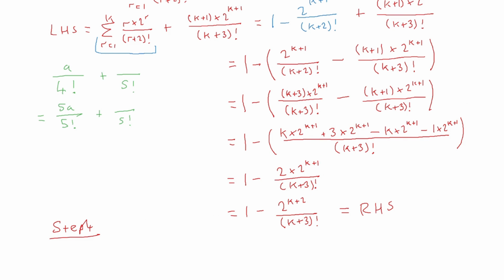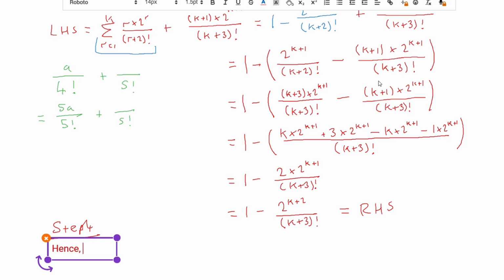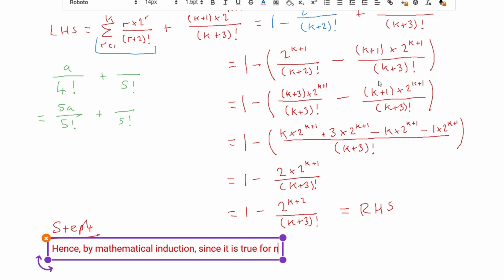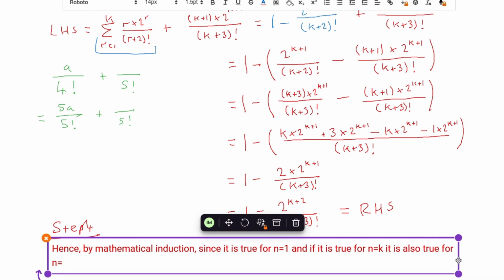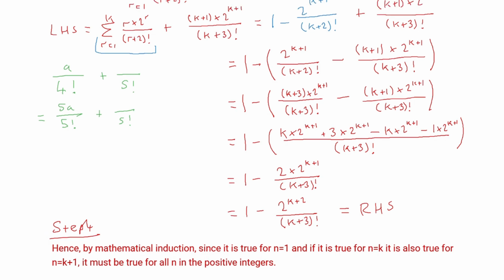And our conclusion, remember, says something along the lines of: hence, by mathematical induction, since it is true for n equals 1, and if it is true for n equals k, it is also true for, let me just do that so it doesn't go off the edge of the video, n equals k plus 1, it must be true for all n in the positive integers, which is what we were trying to show. And we complete the proof by induction.